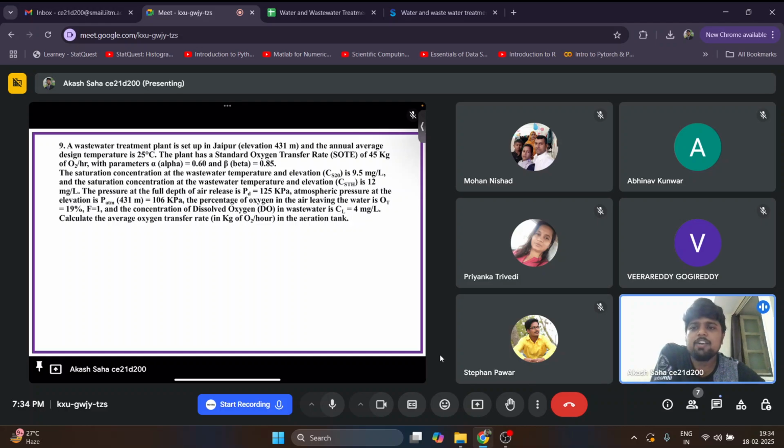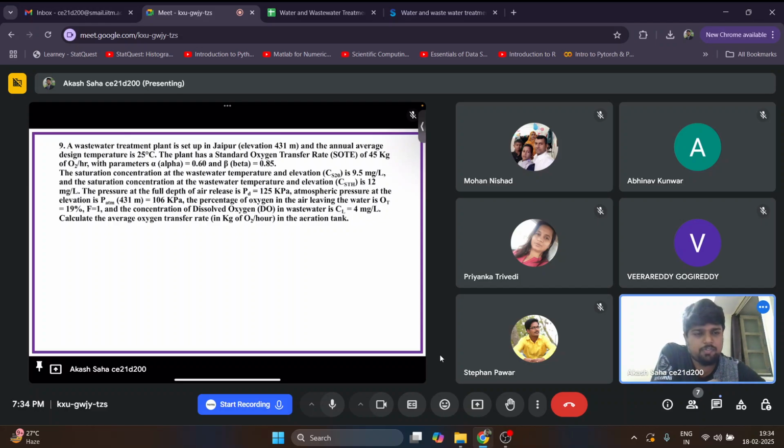The pressure at full depth of air release is 125 and the atmospheric pressure is 106 kPa. The percentage of oxygen in air leaving the water is 19%, F is equal to 1, and the concentration of dissolved oxygen in the wastewater is 4 milligram per liter. So now you have to calculate the average oxygen transfer rate in the aeration tank.